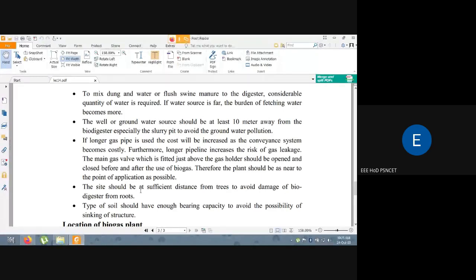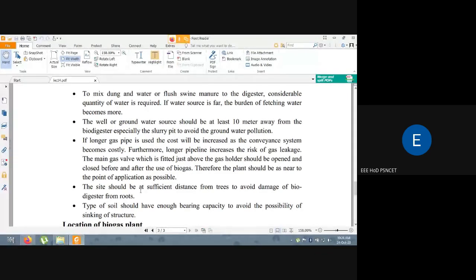If you would like to build a huge biogas plant, there is a huge requirement for water. Okay, so a water source should be available nearby the biogas plant. So it purely avoids the transportation charges and all.